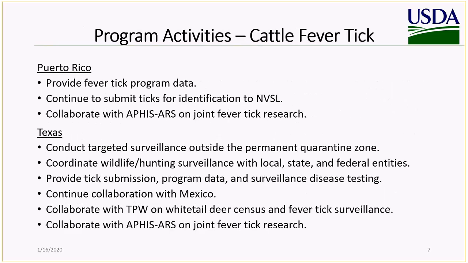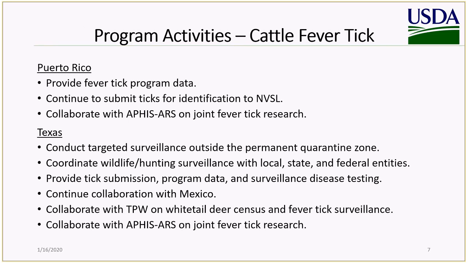For the cattle fever tick program, we're not seeing any changes from the previous year. We have guidelines there for Puerto Rico and Texas. Puerto Rico will provide fever tick program data, continue to submit ticks for identification, and collaborate with APHIS and ARS on joint fever tick research.